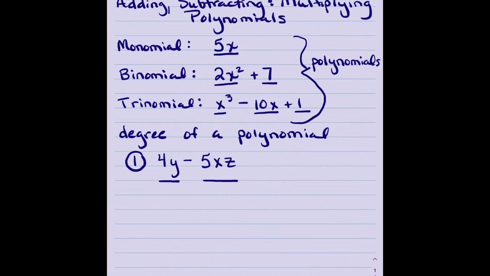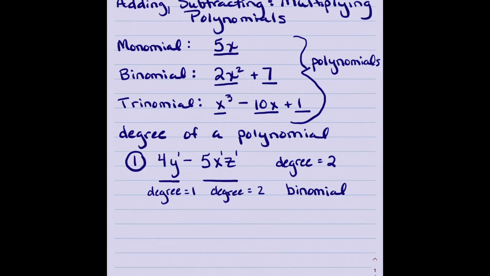Well, what we do is we go through and we add up the exponents. So there's always a 1 if there's not an exponent. So the degree of 4y is 1, but the degree of 5xz is 2. And so overall, we're going to say that the degree of this polynomial is 2. So see how we had to figure out each piece. A special name for this polynomial, since there are two parts, is binomial.